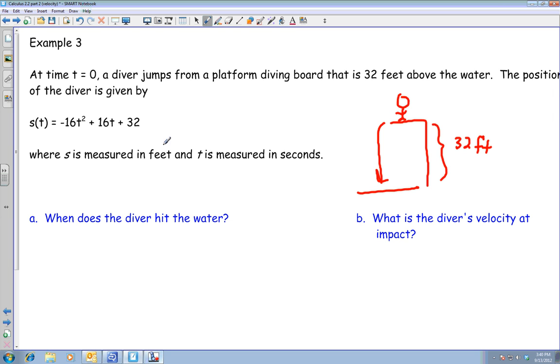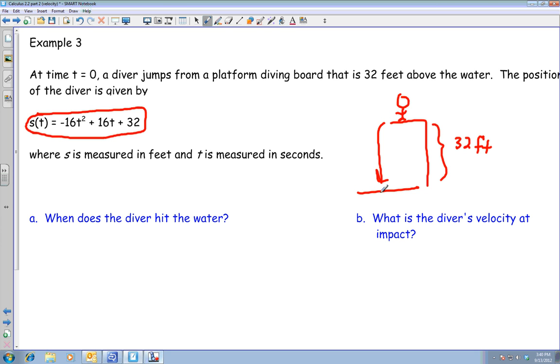So here's my position function. Right here is my position, which goes with this equation. Does it make sense that he's going to hit the water when my position equals 0? At 0, his position is 0.